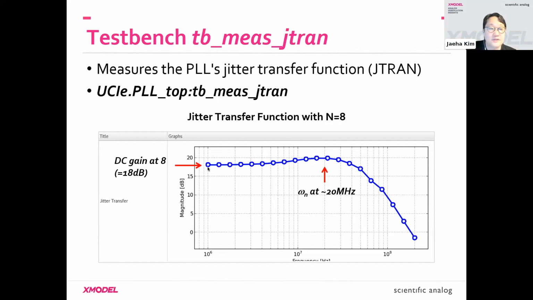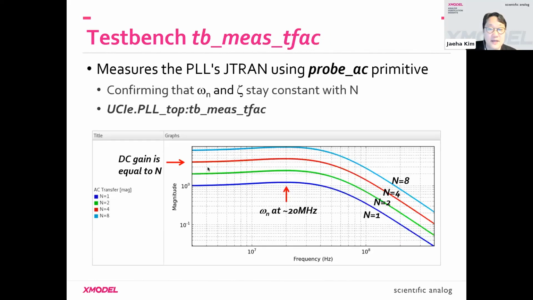So the DC gain of the jitter transfer function is at 8, which corresponds to 18 dB. Of course, we like to verify this is true for all multiplication factors. So there's another test bench called measure TFAC, which measures the same jitter transfer function in an alternate way. So there's a test bench using a primitive called probe AC. I have another example describing its usage, so I'll do it there.